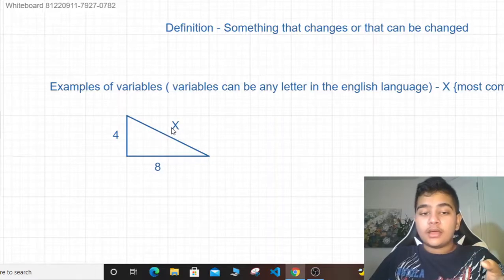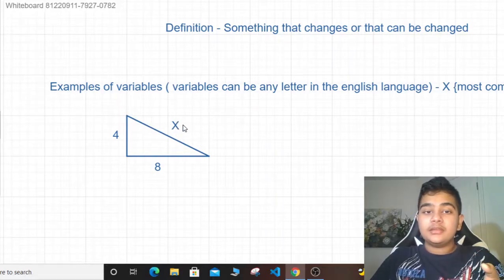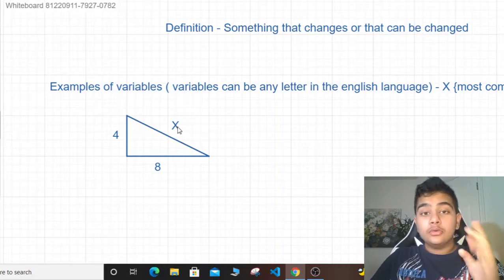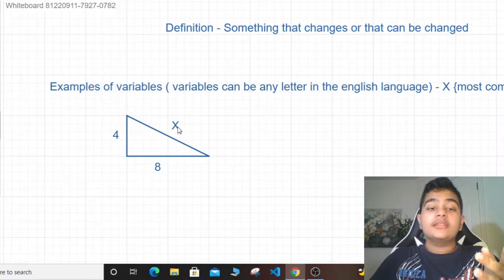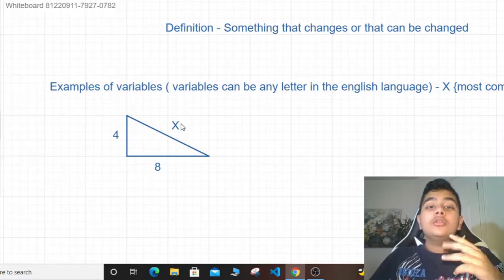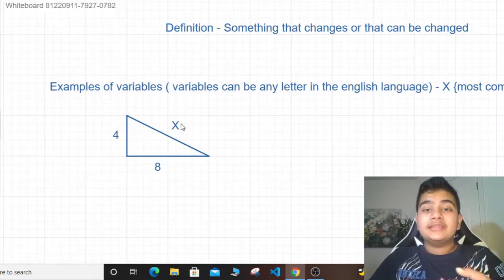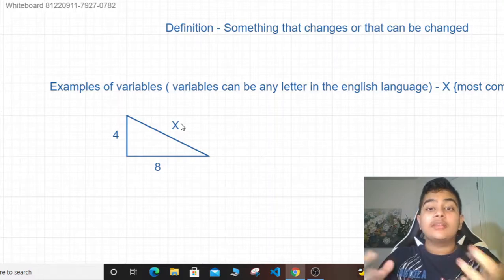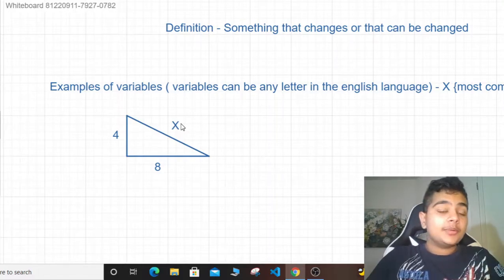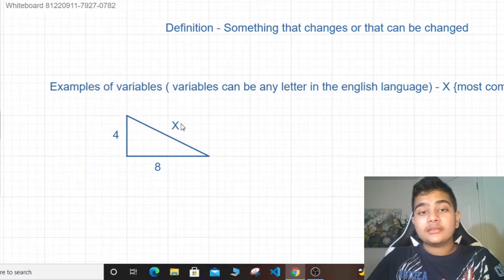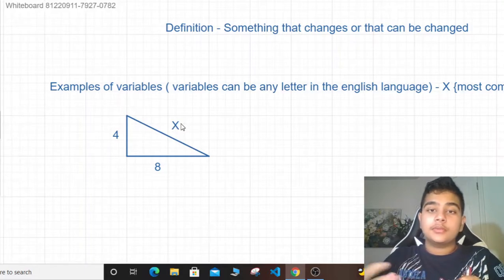To figure out the undefined side, we don't need to represent it, but to use it in word problems, sometimes they'll put X to be able to easily say in the word problem, what's the value of X. In this particular problem, we do not need to use X to find the variable, because a squared plus b squared equals c squared.